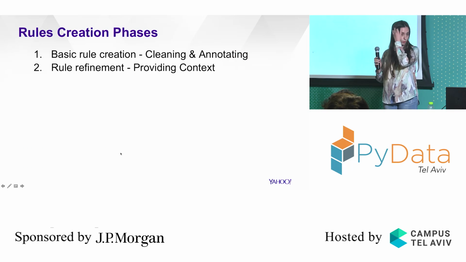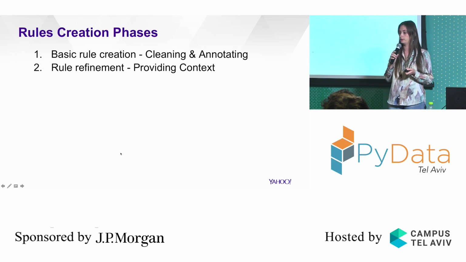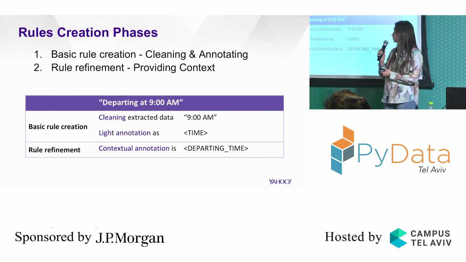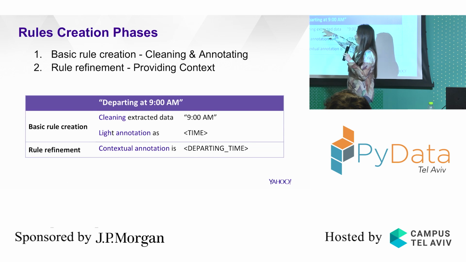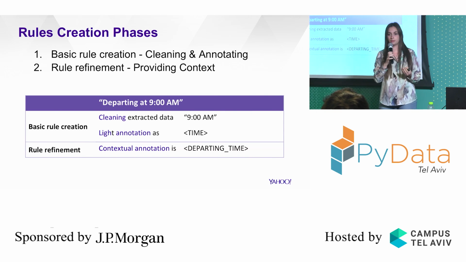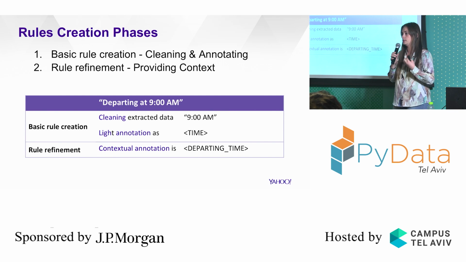So let's see what the steps are to create the rule. As I said before, two steps: basic rule and refined rule. Let's look again at an example. We have this value for our XPath, "departing at 9 a.m." First, we cleanse the constant part in this value.